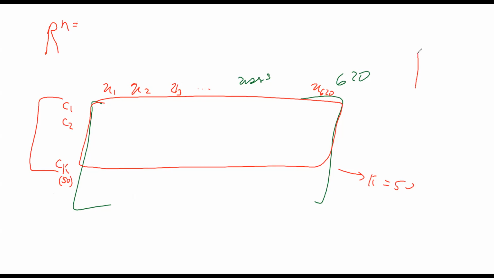Remember, the points here are the users, right? User 1, user 2. How many of these axes do you have? You're going to have 620 samples, but what's the dimensionality of the space? Would it also be 620? Not 620. Or the 50? 50, right? Do you understand that?